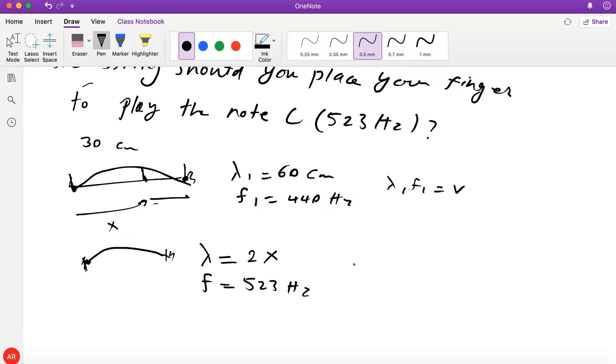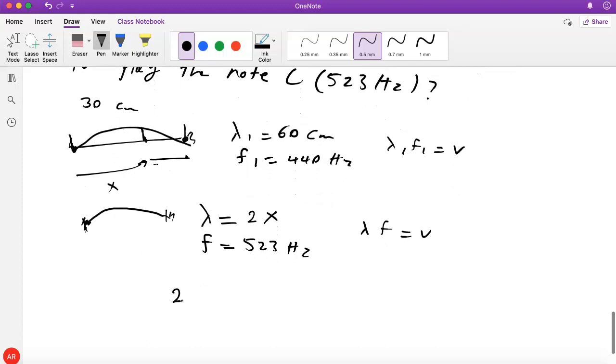So we can solve for speed from there, and we also have lambda f is the speed, and then put it in, solve for x, or we can just eliminate the speed and say 2x times 523 is 60. So we're going to get our x in centimeters this way because we put centimeters there, times 440.